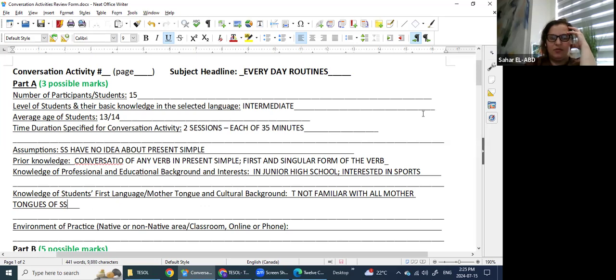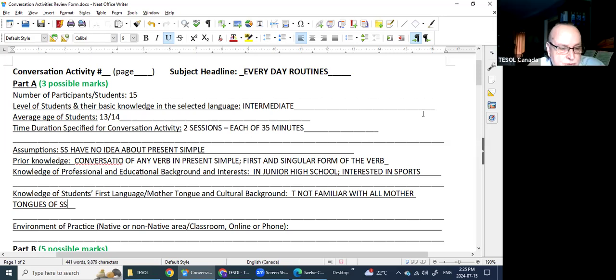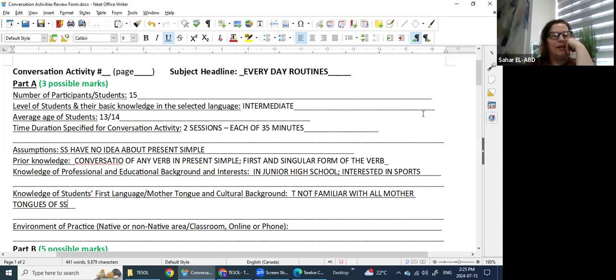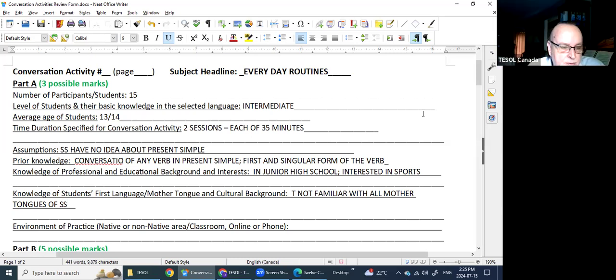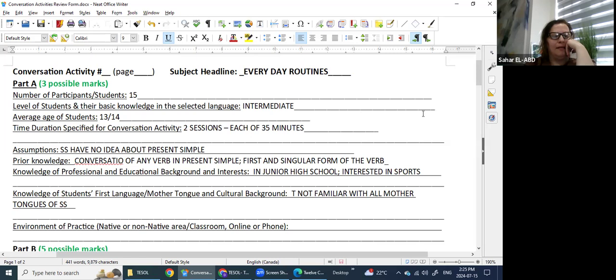It says knowledge of students' first language. Right, it's the knowledge of the student's first language, but it's talking about the teacher. I see it. So the teacher is not familiar with the mother tongue of the students? Yeah. Okay. I understand.